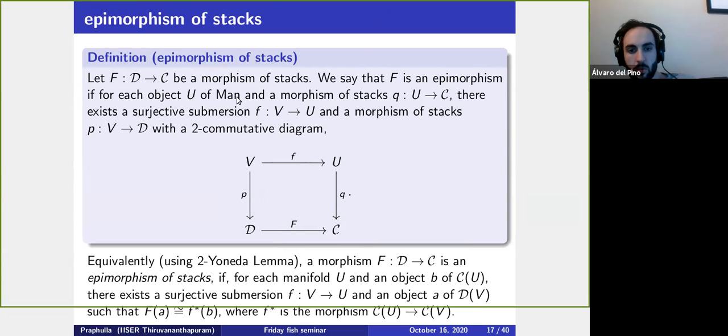So this seems to be more artificial than the usual notion of epimorphism. So if you use the 2-Yoneda lemma, it turns out it's somewhat related to what we already know.